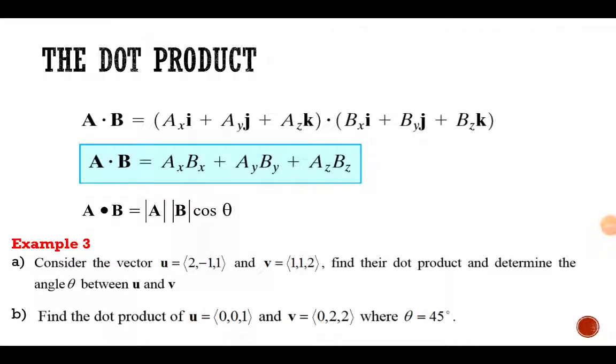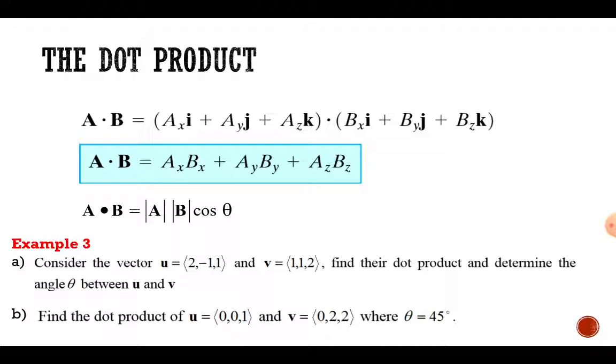So now we come to the last part of the video for today's asynchronous lecture, and we're going to discuss the dot and the cross product. Okay, what does the dot product mean? It is when we multiply two vectors together and it produces a scalar value.